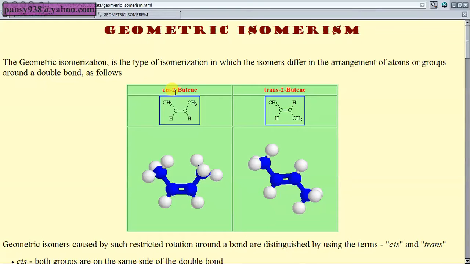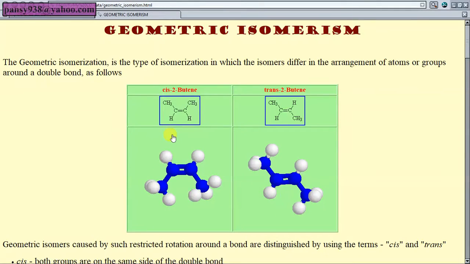So let's see an example. In the case of 2-butene, there may exist two forms. One of them is cis-2-butene and the second is trans-2-butene. In cis-2-butene, both the methyl groups are on one side of the molecule. Here you can see that both methyl groups are shown above.